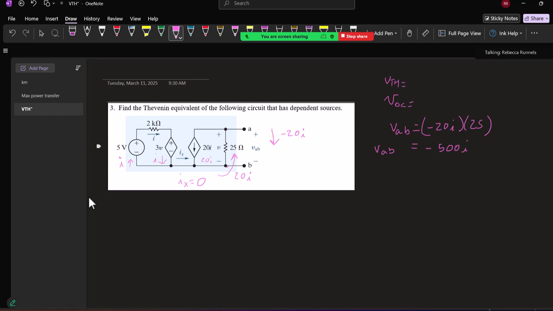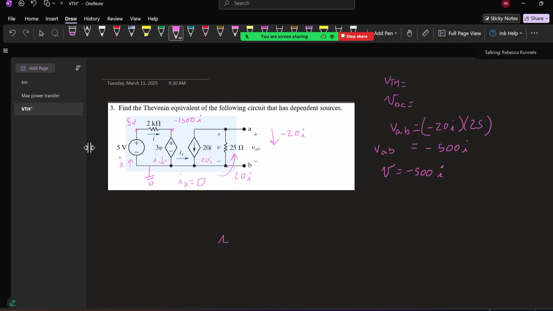Okay, so I know what it is in terms of I, now I need to find I. So let's take a look at the left-hand loop here. If I make this ground at the bottom, then I have 5 volts here. And what is V the voltage of? V is the voltage across the 25 ohm resistor. So V is this voltage that we just found right here. So V is negative 500I. And so the voltage up here is negative 1500I.